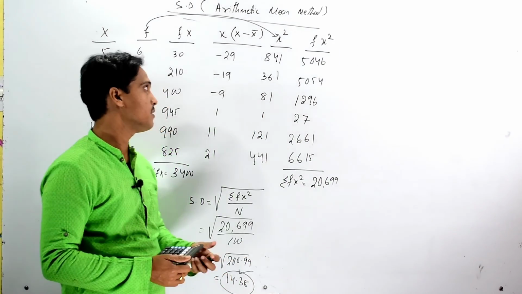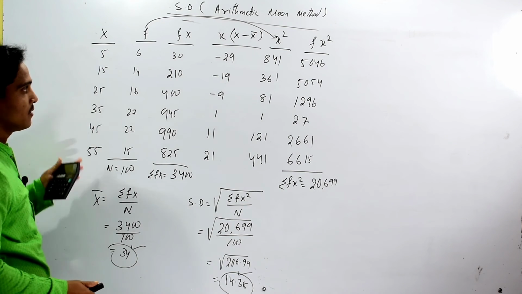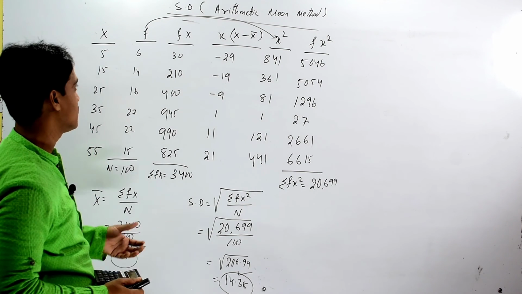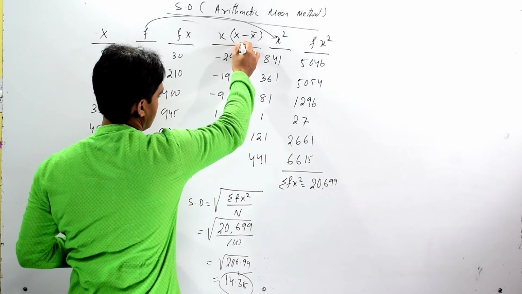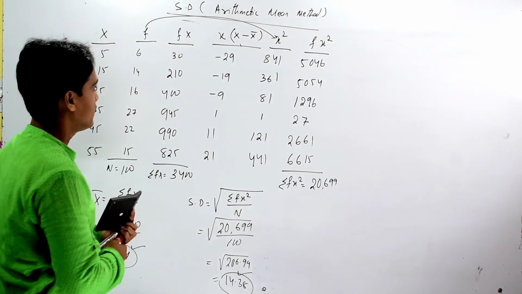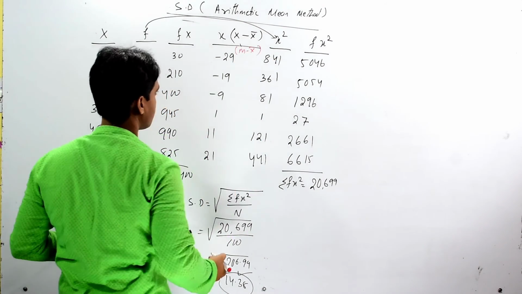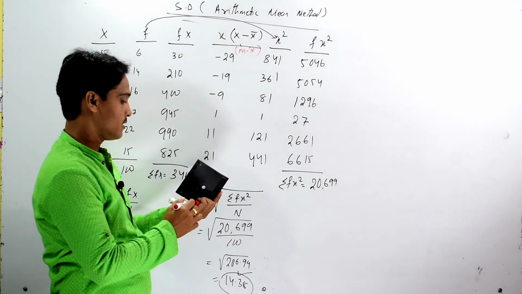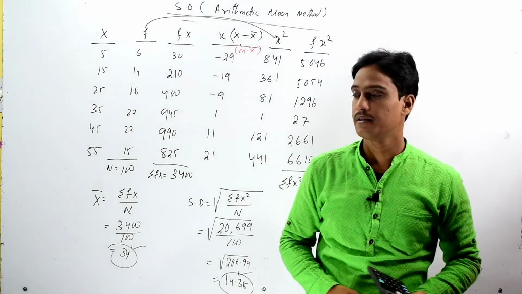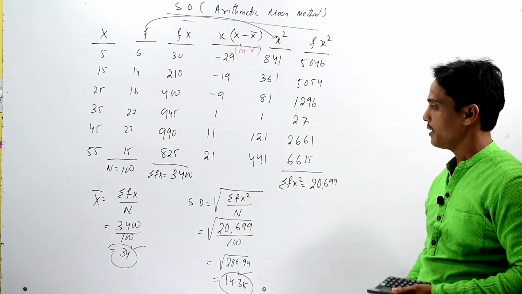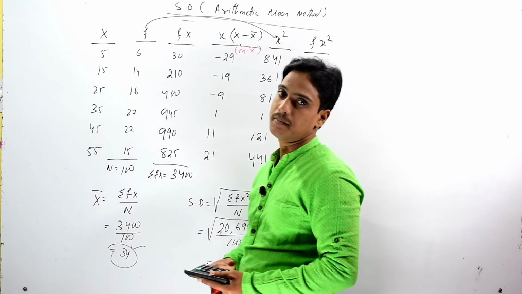Similarly, in the case of a continuous series, we only find the midpoint of the different classes of the given series, and then find the small x by subtracting x bar from the midpoint, that is m minus x bar, and all the process of the discrete series should be repeated for computing the value of the standard deviation of a continuous series under the arithmetic mean method.